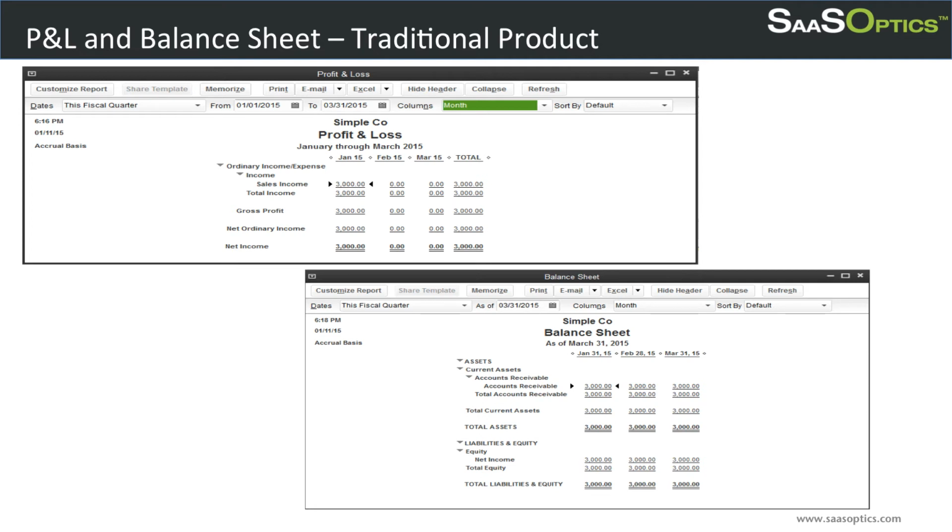Really, if they pay, the $3,000 comes out of accounts receivable and hits another asset, which is cash. So once they pay, the $3,000 comes out of AR and goes into cash, but it remains on the top side of your balance sheet.